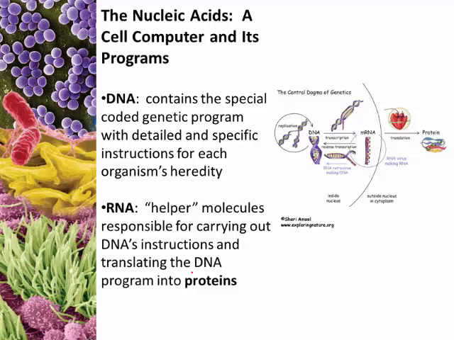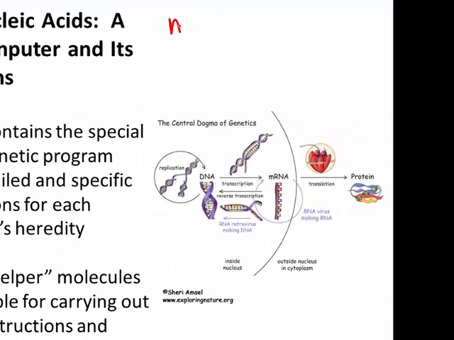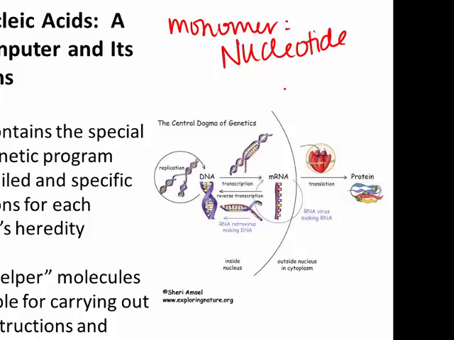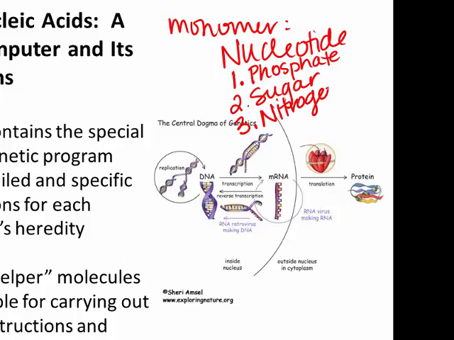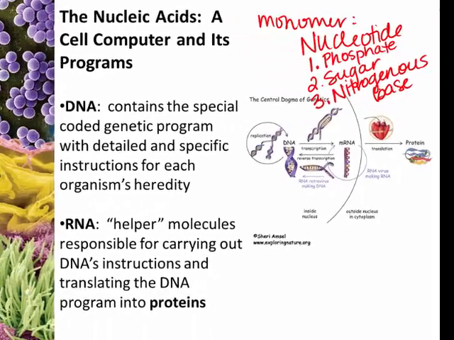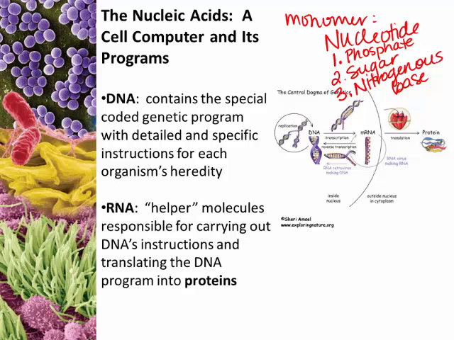So when it comes to the nucleic acids, remember our monomer here is the nucleotide. And a nucleotide is actually made up of 3 individual parts: a phosphate group, a sugar that can be ribose or deoxyribose depending upon the nucleic acid you're trying to make, and a nitrogenous base. So all nucleotides will contain a phosphate, a sugar, and a nitrogenous base.